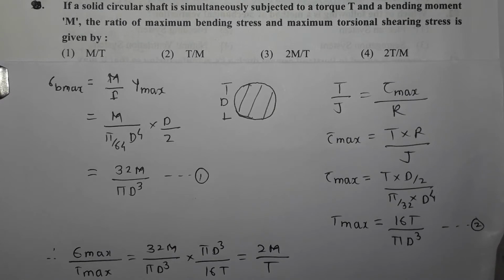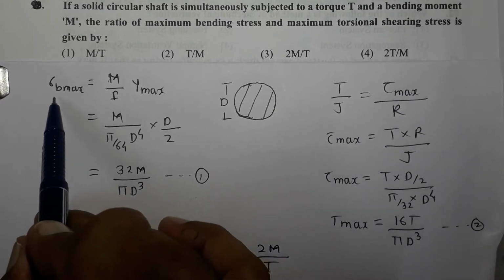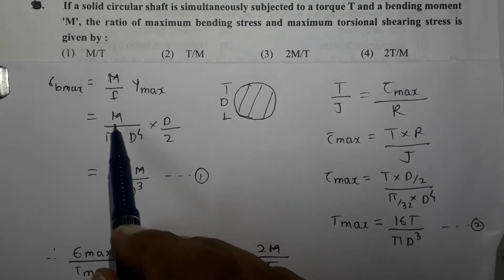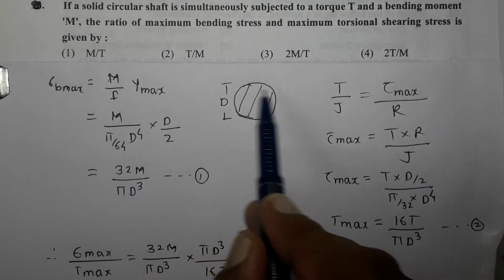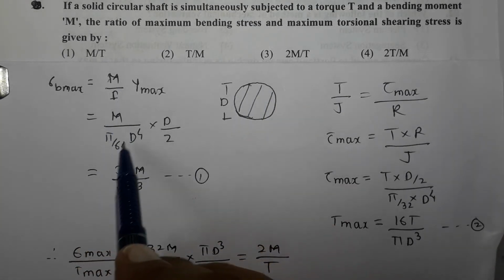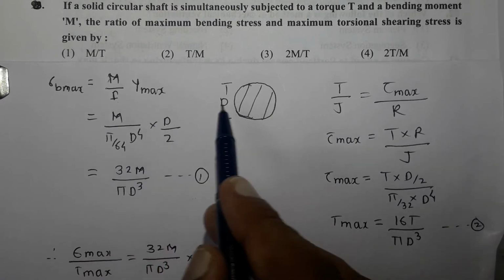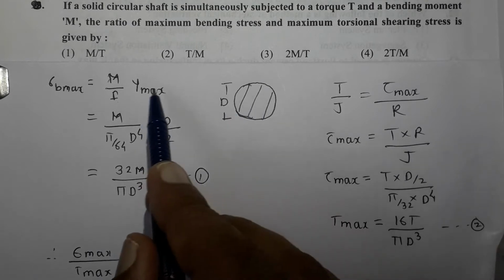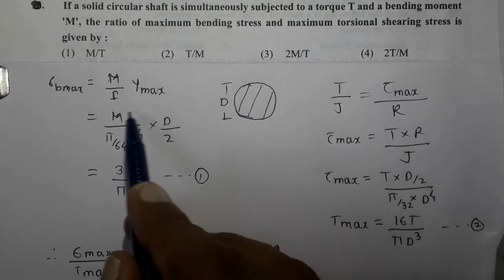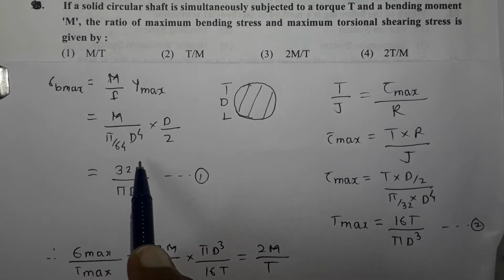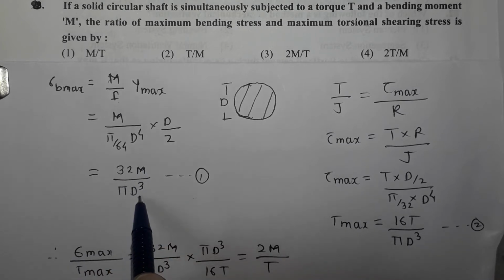Now from equation of bending, we have maximum bending stress is equal to M upon I into Y max. M divided by I, for solid circular shaft, I is pi by 64 into d raised to 4, into Y max, which is nothing but the radius, d by 2. So after simplifying, we can get maximum bending stress is equal to 32 M divided by pi d cube.